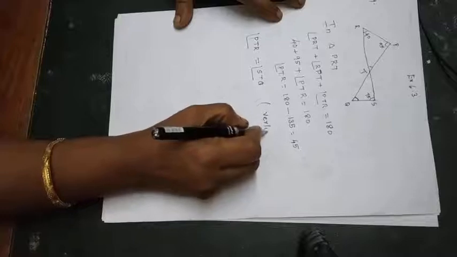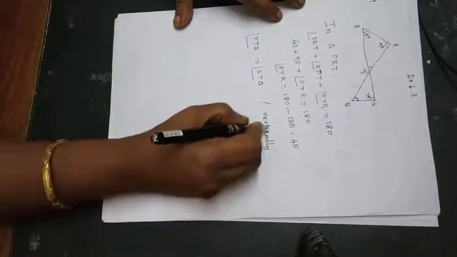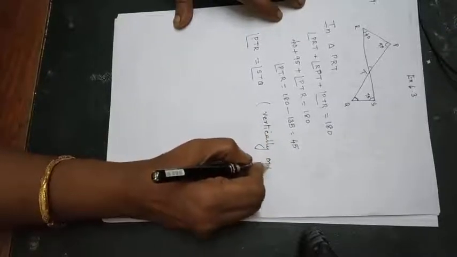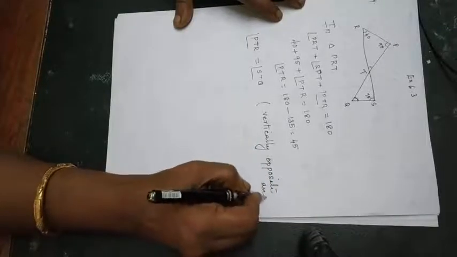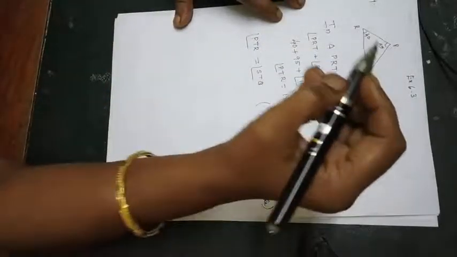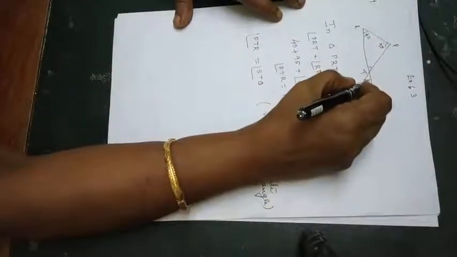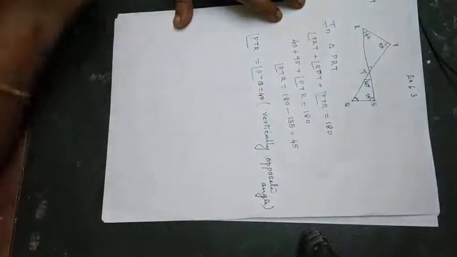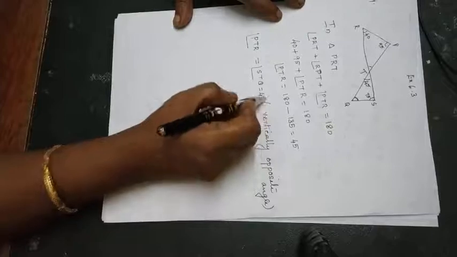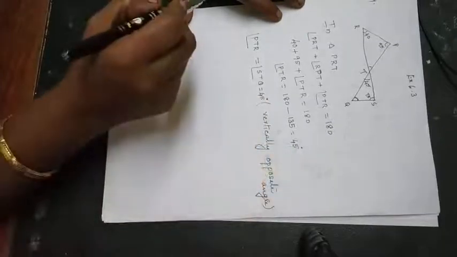Vertically opposite angles. Now this also will be equal to 45. Okay, that is equal to 45, you can write. So this is also equal to 45 degrees.